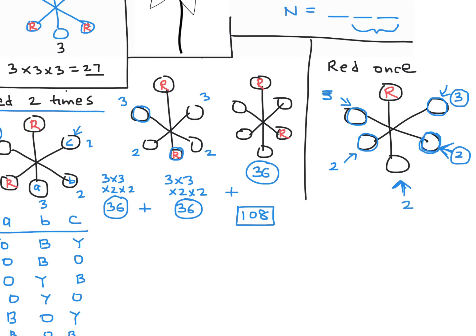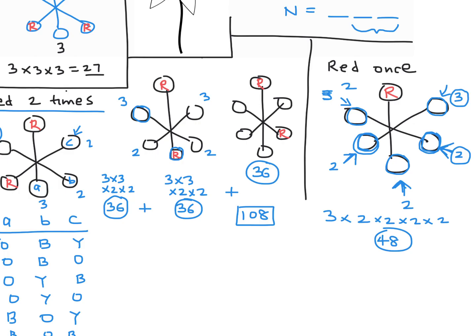So that's 2 choices. For this guy, again, it cannot be red and it cannot be this color. So 2 choices. And then for the last one, it cannot be red and it cannot be this color. So 2 choices again. Okay, I think that is the right way. So that would be 3 times 2 times 2 times 2 times 2. And that is 4 times 4, 16, so 48.